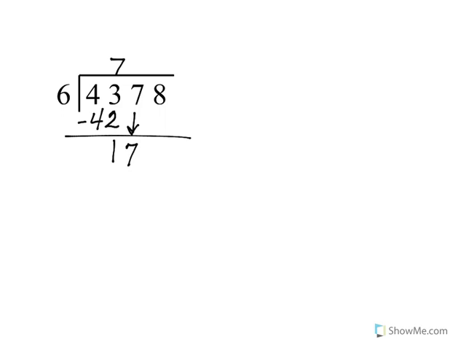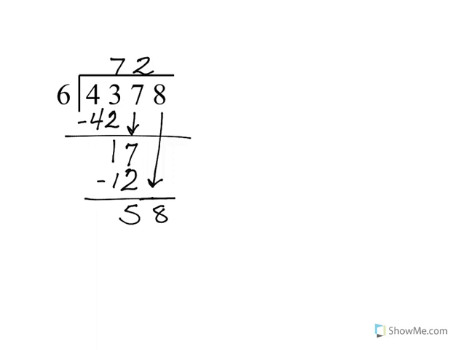Now, I have 17 divided by 6. We're going to get 2 groups of 6 out of 17, and 2 times 6 is 12. 17 minus 12 is 5. 5 is less than my divisor, and now I'm going to bring my 8 down. Now I need to think, how many groups of 6 can I get out of 58?